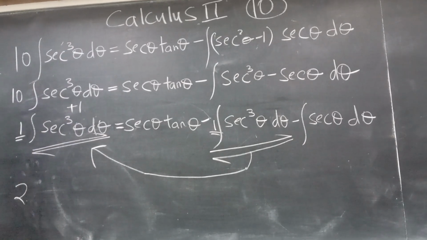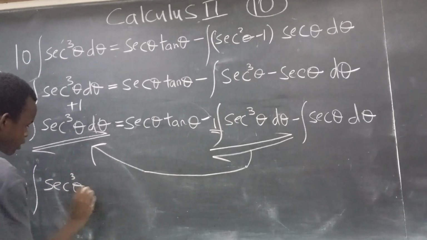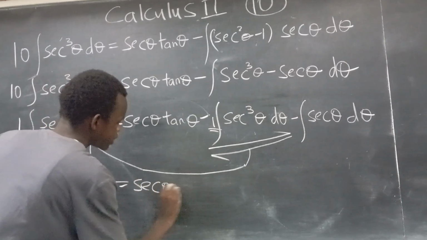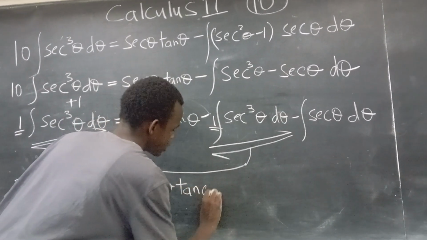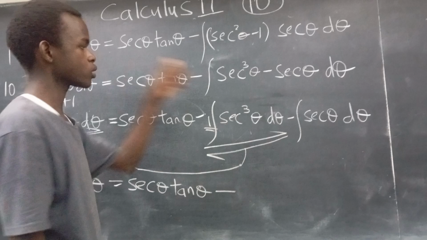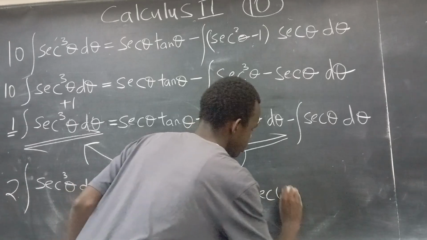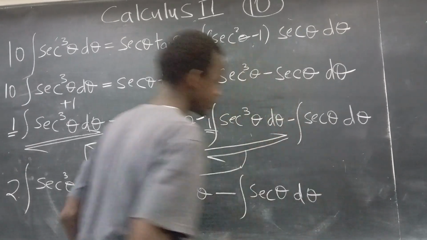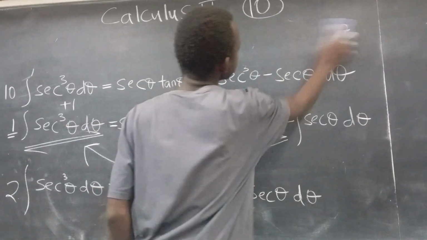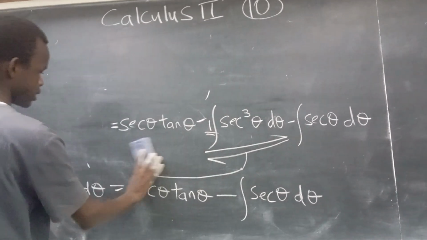We'll get 2, the integral of secant cubed of theta d theta equals secant of theta tangent of theta minus, so we have taken this part to the other side, so we'll still remain with minus that, minus the integral of secant theta d theta. Okay? So that's what we have at hand. It's long, but easy, just procedural.